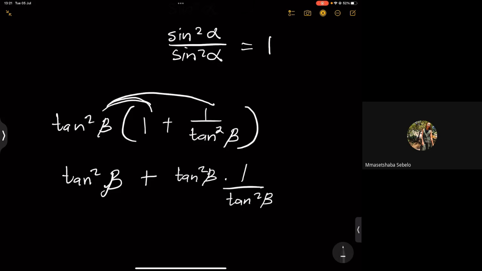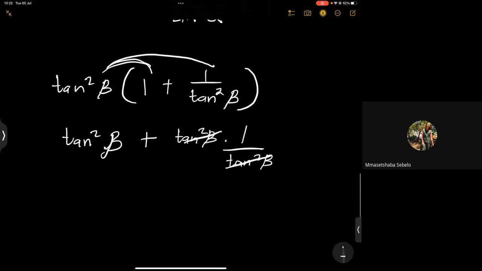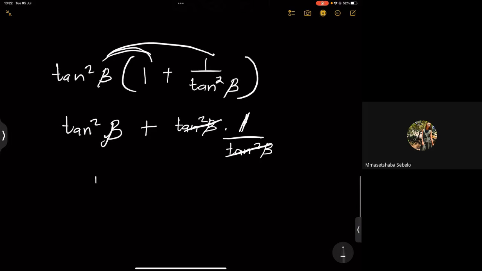Now I'm sure you can already see how these cancel with each other, and we will get 1 as the final product here. So I've got tan squared of beta plus 1.